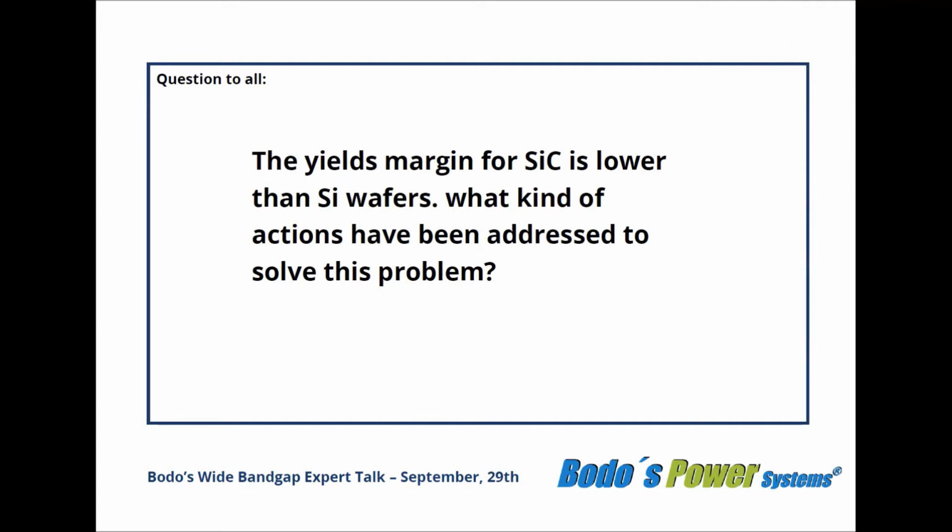So, it's a matter of fact that we still have to deal with the situation that silicon carbide defect densities are higher than in the well-established silicon technology. What kind of actions have been addressed here to solve the problem? Good question. First of all, one needs to understand what kind of defects are the ones which are really what we call killer defects, and what kind of defects we might be able to live with.